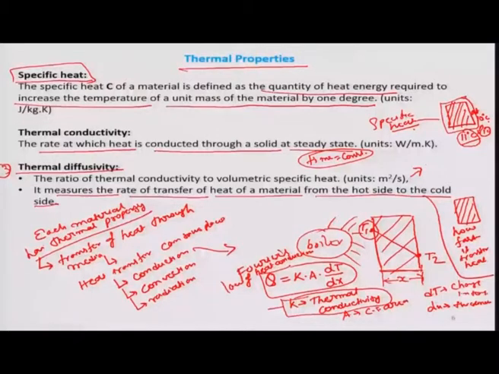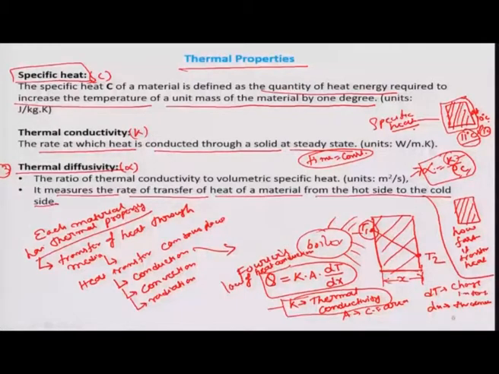Thermal diffusivity is signified as alpha. Alpha is equal to K by rho C, where K is the thermal conductivity, C is the specific heat of the material, and rho is the density of the material. If you know the density, specific heat and thermal conductivity, then you can easily calculate the thermal diffusivity of that particular material.